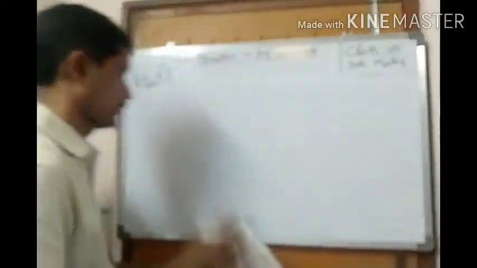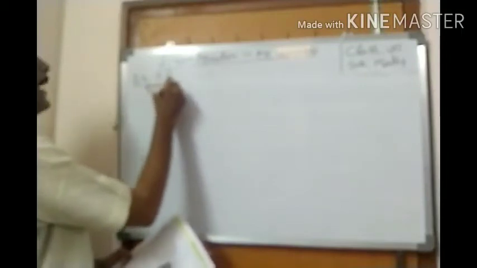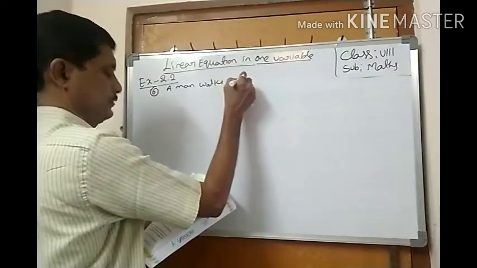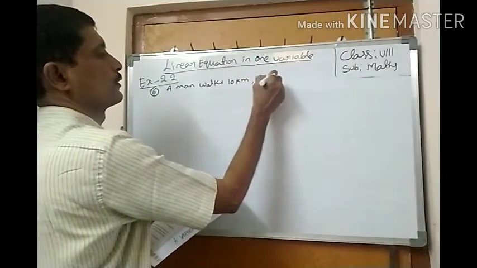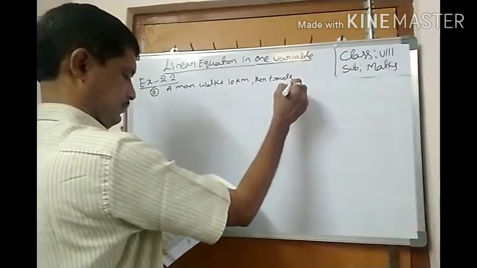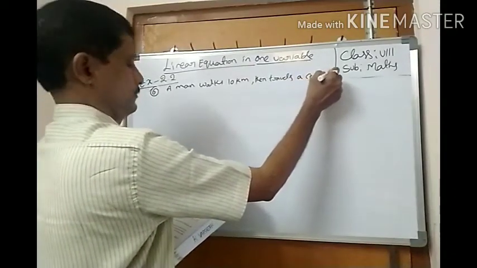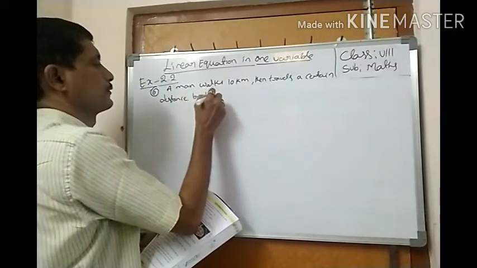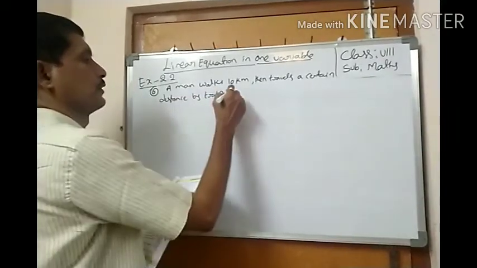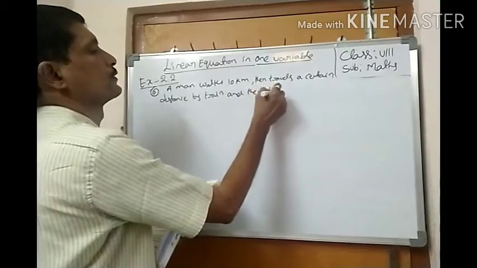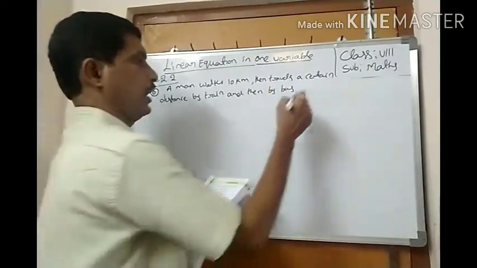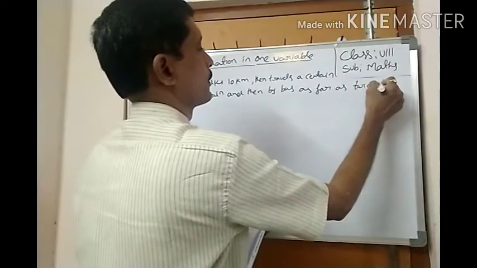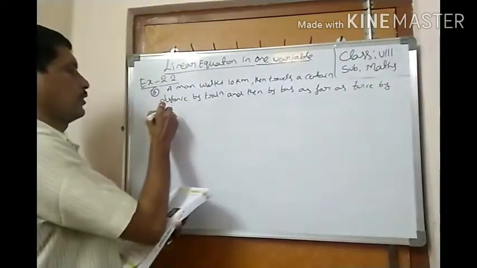Next question. Here a man walks 10 kilometers, then travels a certain distance by train and then by bus, as far as twice by the train.